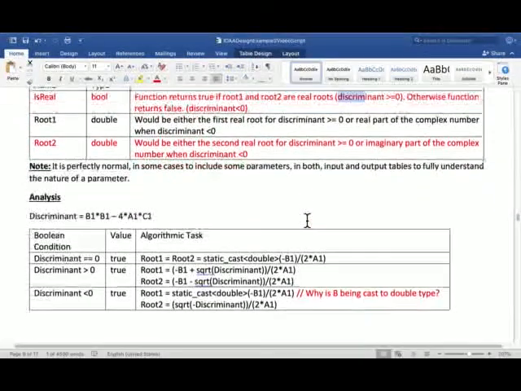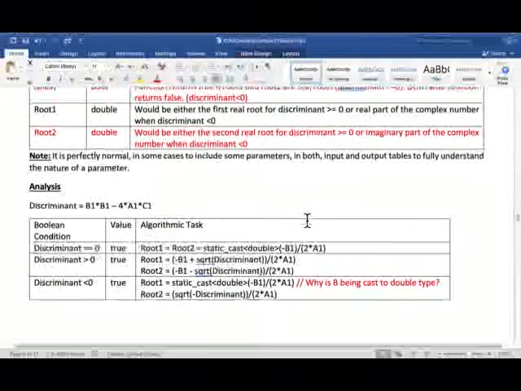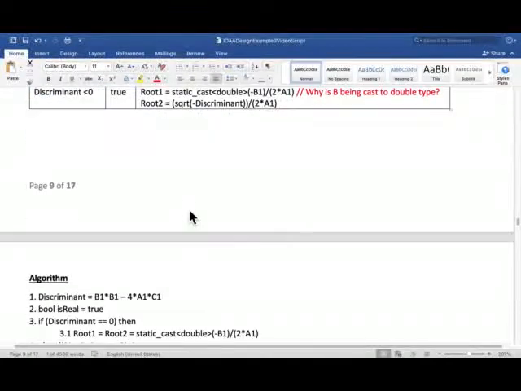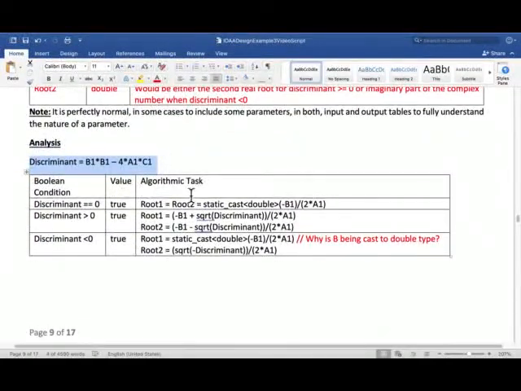So in this case, there are two math forms. The C++ form of discriminant will be this one. So that's the only math part. The other is this table of Boolean conditions that only tests discriminant.